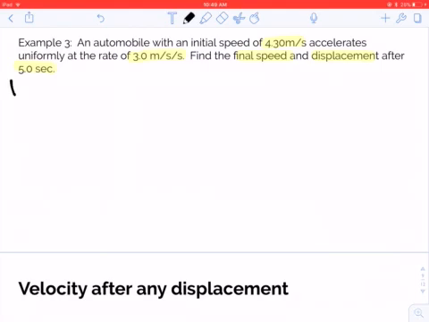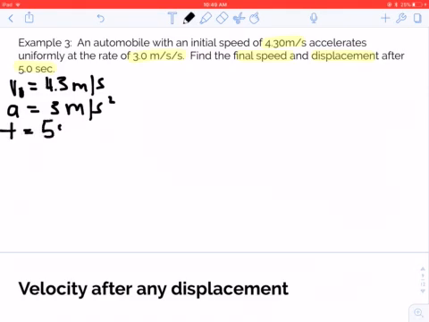We know that our initial speed is 4.3 meters per second. Our constant acceleration rate is 3 meters per second squared. This occurs over a 5-second interval. We want to find our final speed and our displacement.